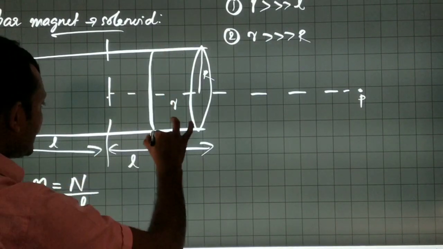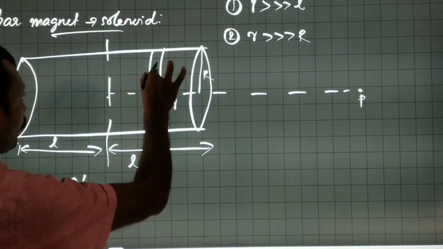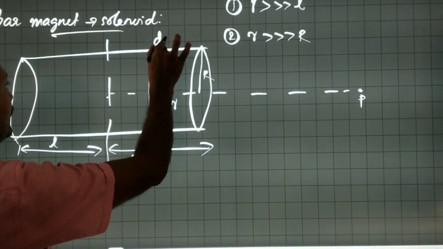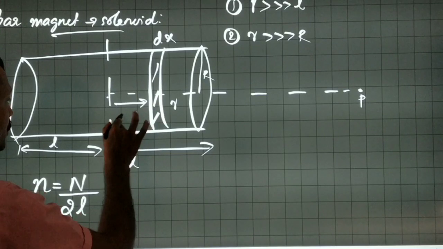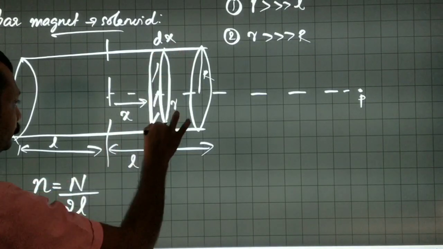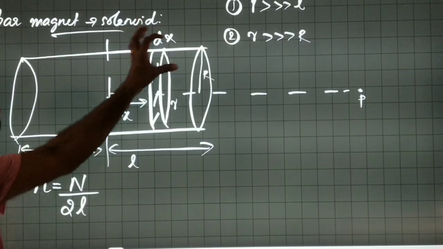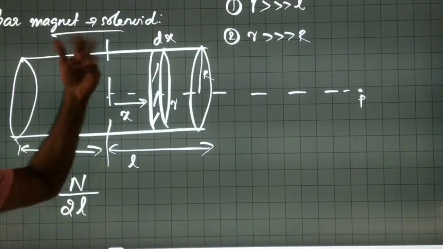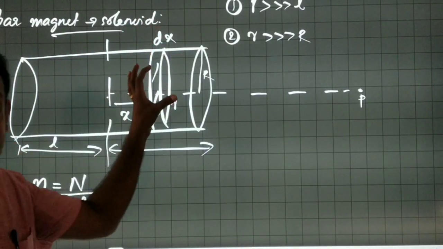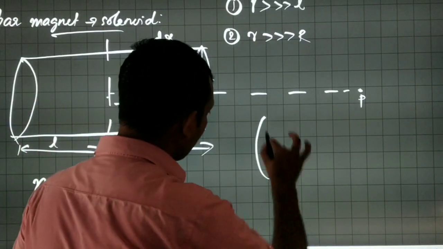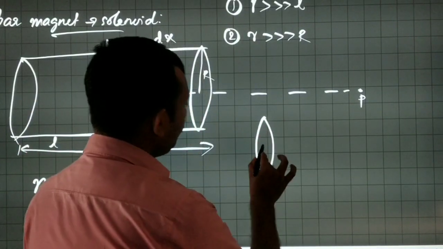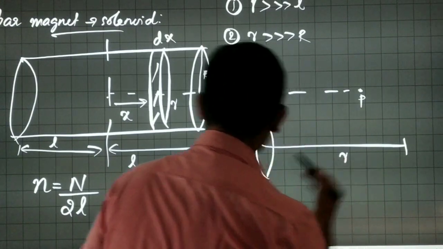So let me take a small element of length dx at a distance x from the center. Now this resembles a circular loop at a distance small r from the center.